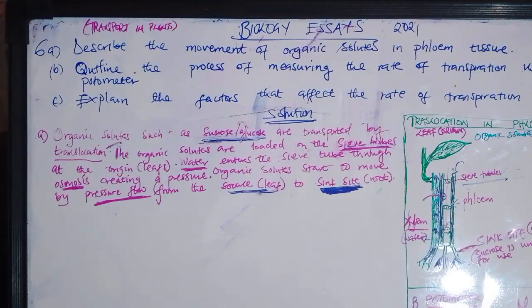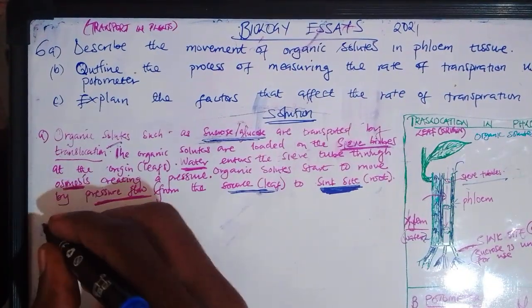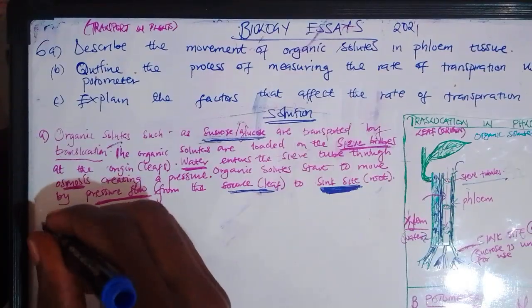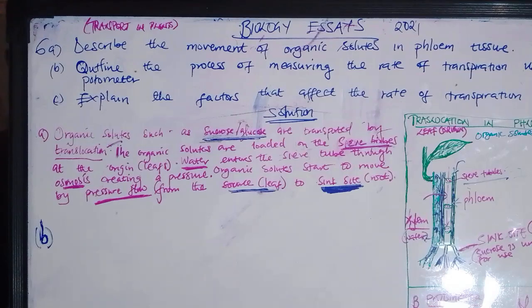So now moving on to our part B, which is describing the process of measuring the rate of transpiration using a potometer. So we have B here. So B, we are describing the process of measuring the rate of transpiration.